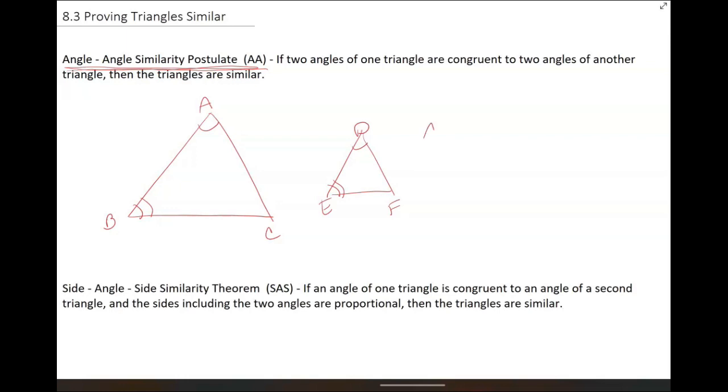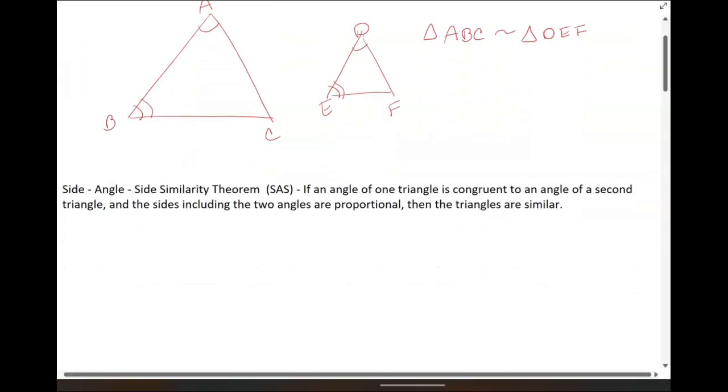So we would write a triangle similarity statement, something like this, D, E, F. Remember, just like when we were writing the triangle congruent statements, the order of the first doesn't matter. Just make sure that the order of the second is in the same corresponding position.